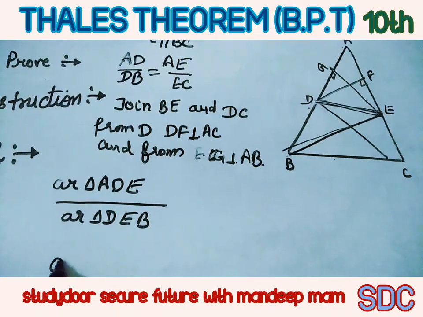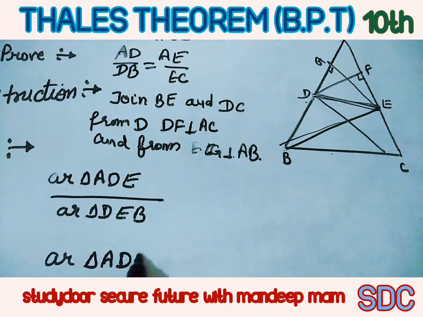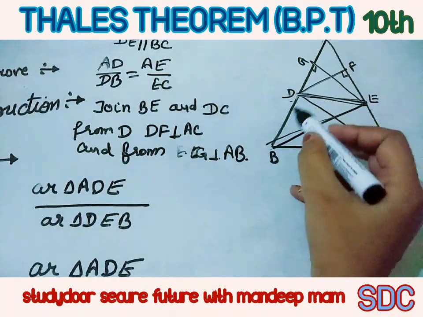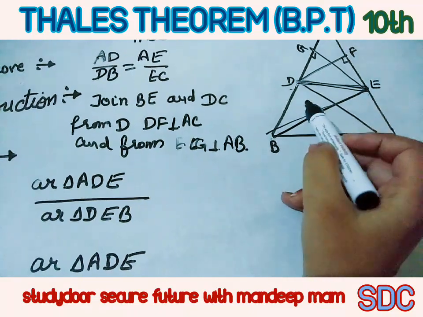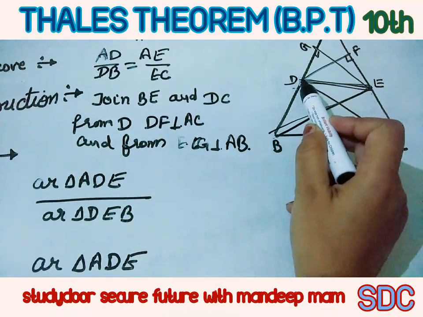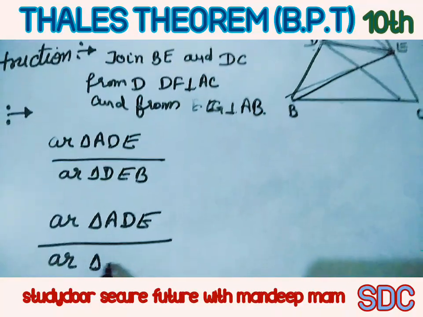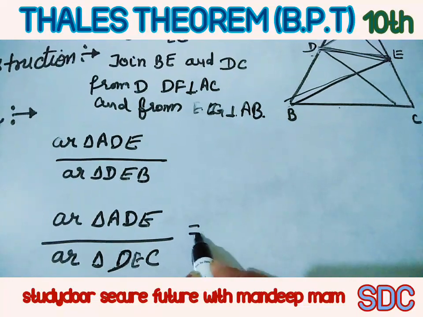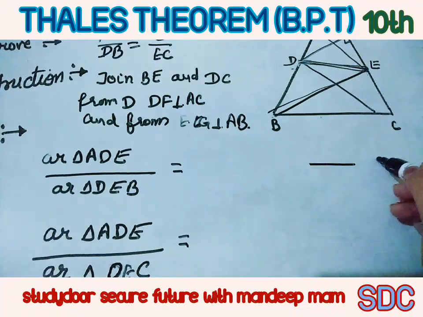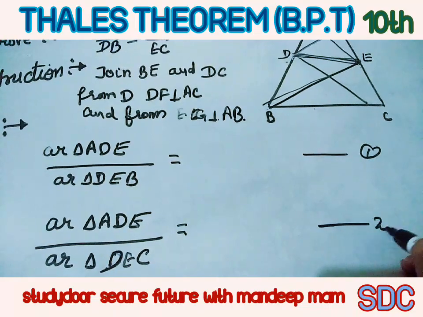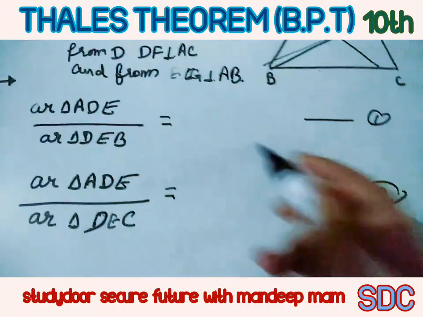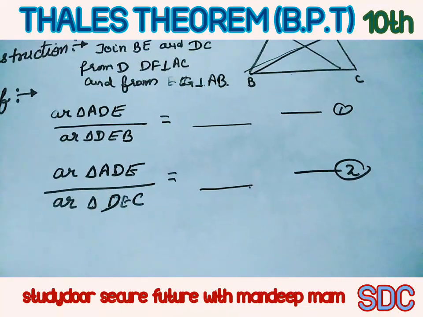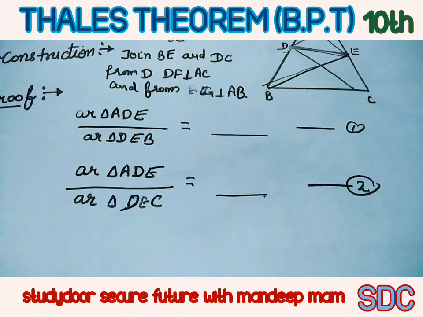Now we will again take area of triangle ADE and area of triangle DEC. Area of triangle DEC. This will be our first equation and it will be our second equation. Still I have left the right hand side. We will fill it after some time.